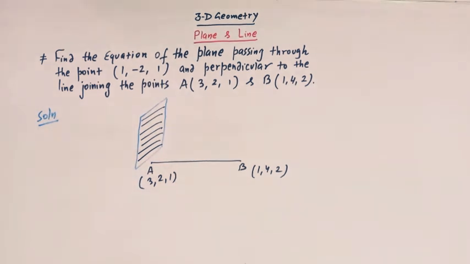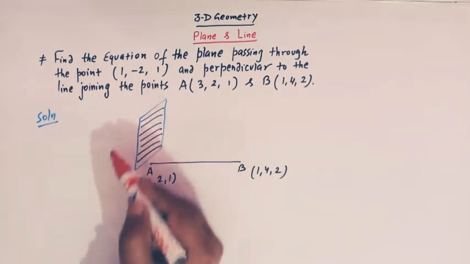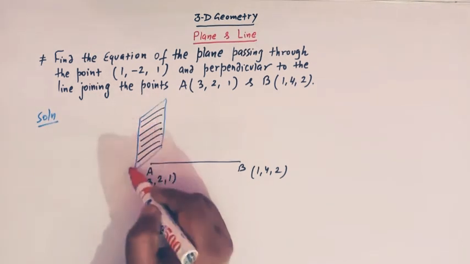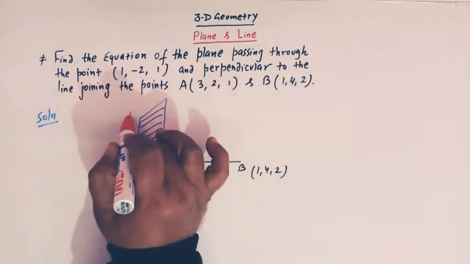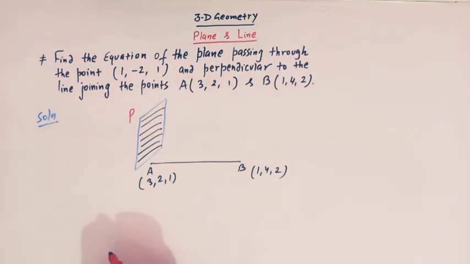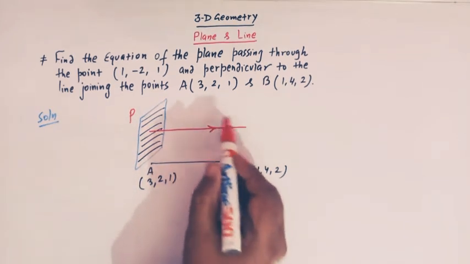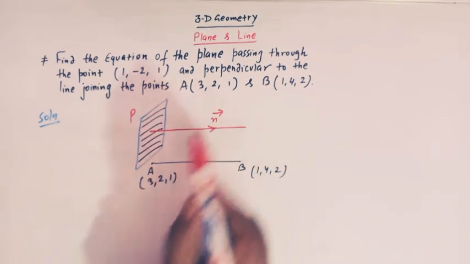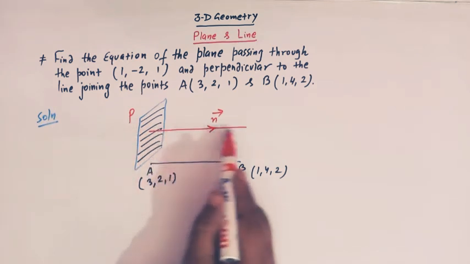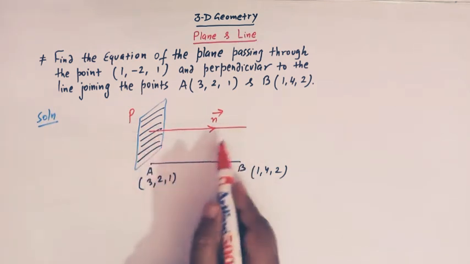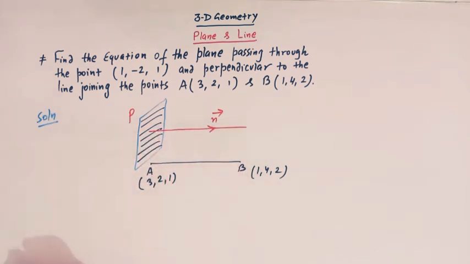So now the concept is that if we take the perpendicular or the normal to this plane, suppose let us denote this plane by P, and if we take the normal vector, that is vector n, then we see that this normal vector is parallel to the line.